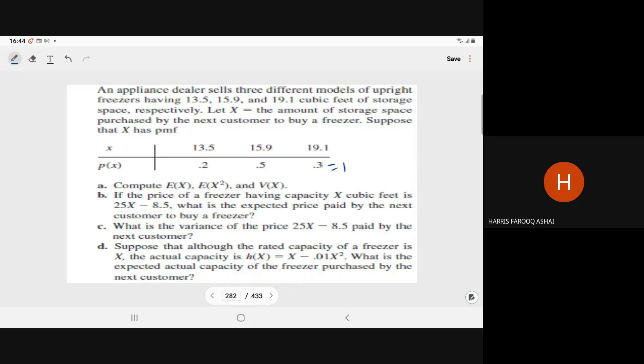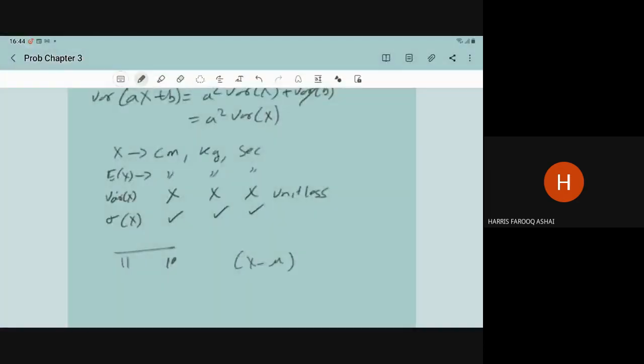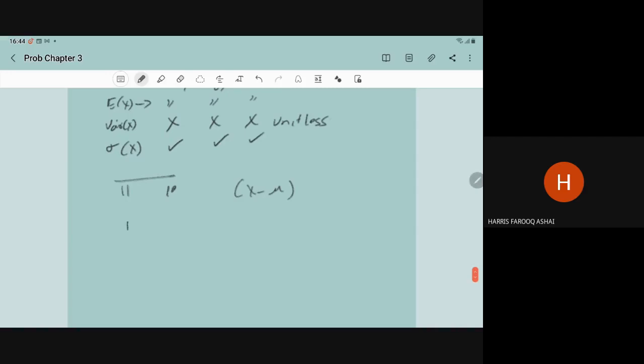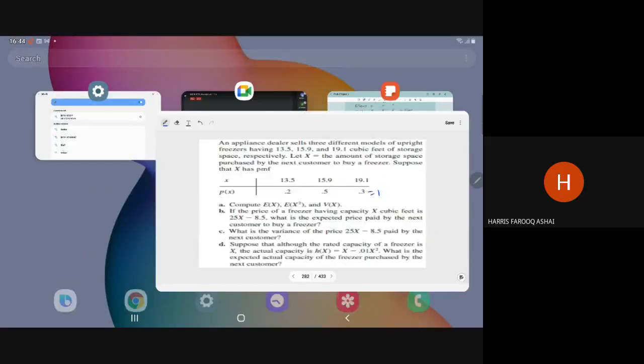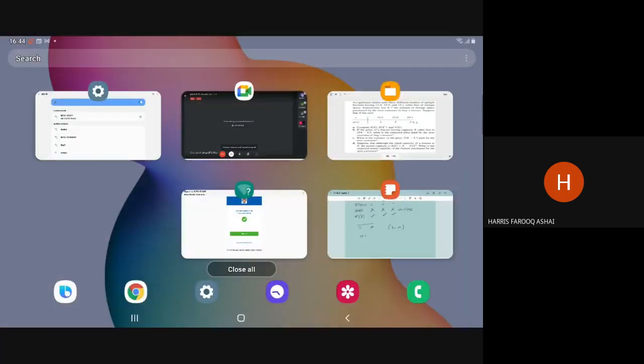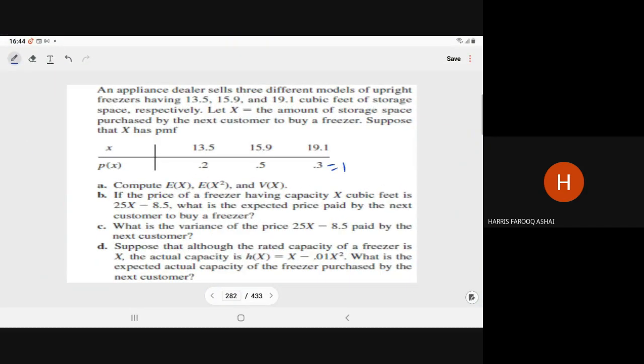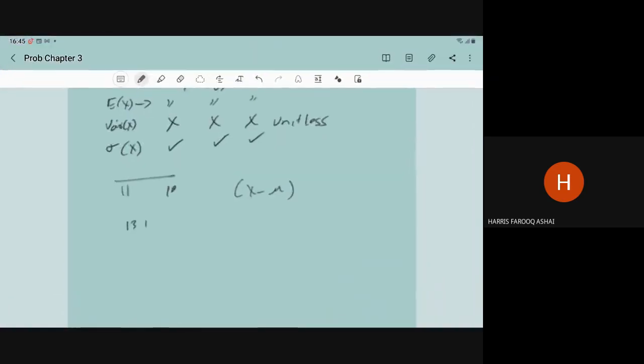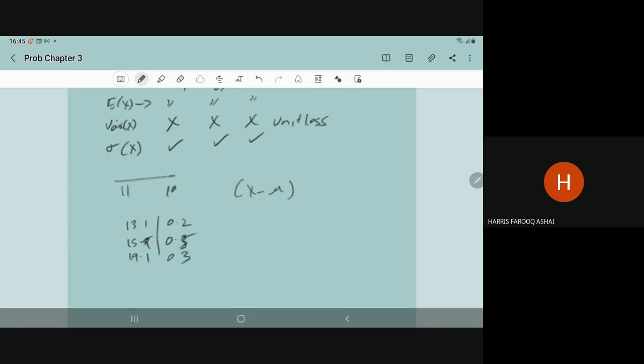So what is the EX? We have the three types of fridge, 13.5, 15.9, 19.1, and the corresponding probabilities given to you are 0.2, 0.5 and 0.3.